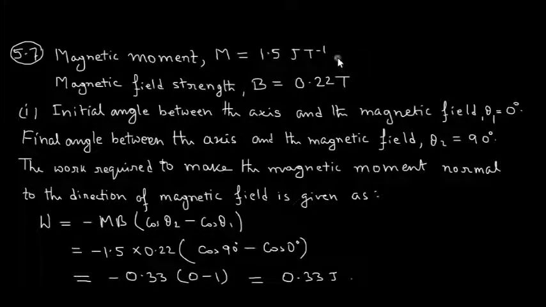Magnetic moment M is equal to 1.5 joule per Tesla. Magnetic field strength B is equal to 0.22 Tesla. 1. Initial angle between the axis and the magnetic field, theta 1, is equal to 0. Final angle between the axis and the magnetic field, theta 2, is equal to 90 degree. The work required to make the magnetic moment normal to the direction of the magnetic field is given as W is equal to -MB (cos theta 2 - cos theta 1).